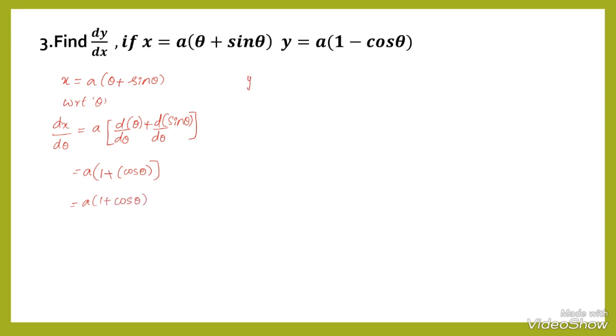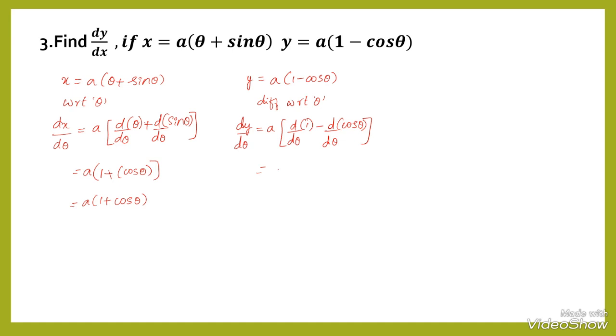Here it is a into 1 plus cos theta. Similarly, y is equal to a into 1 minus cos theta. Differentiate by using the parameter. It becomes dy by d theta is equal to a, which will be constant. I can take differentiation separately: d by d theta of 1 minus d by d theta of cos theta.